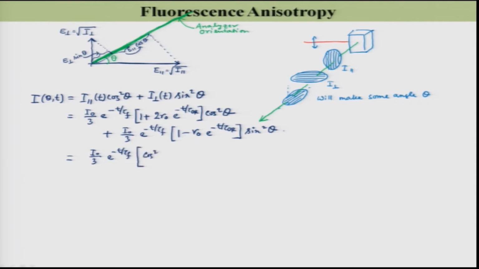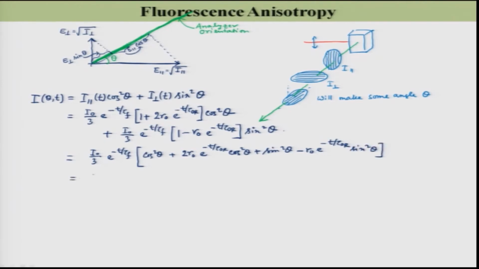So, this will be cosine square theta plus twice r 0 e to the power minus t by tau r cos square theta plus sin square theta, and then it will come as a minus r 0 e to the power minus t by tau r sin square theta.